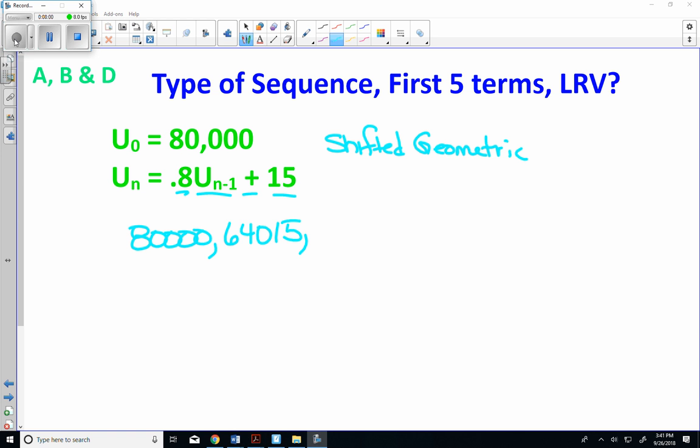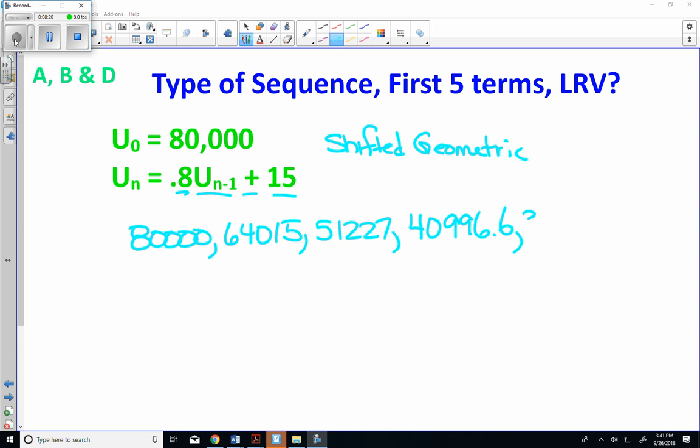Then the value after that: you take 64,015, and if you're using your calculator, you can just push the equal sign from here on out. The next number is 51,227. The next value after that is 40,996.6.